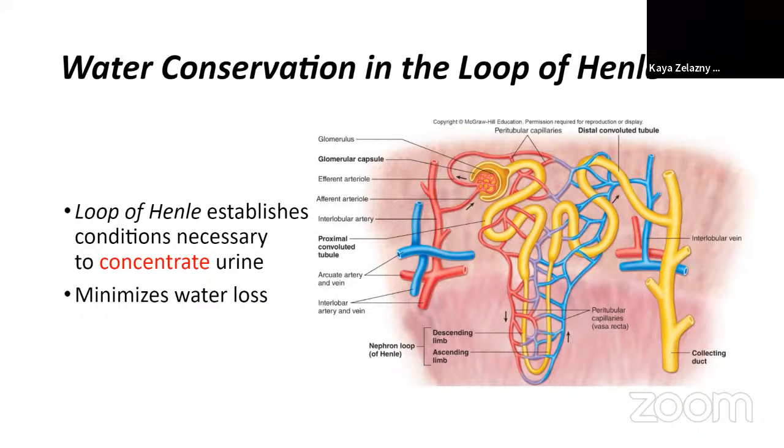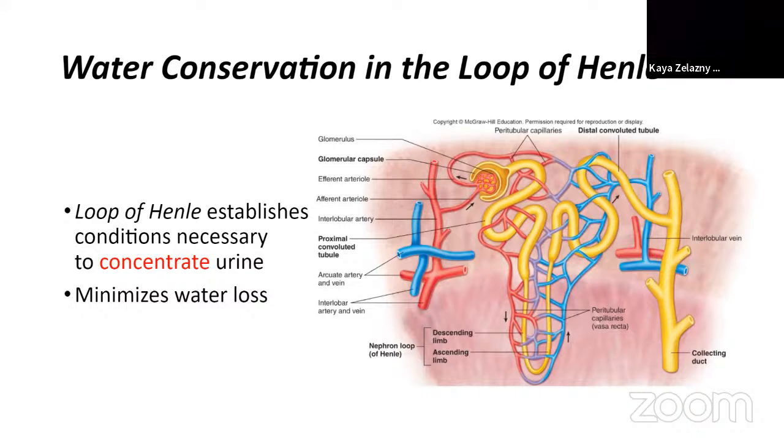We wouldn't be able to do that unless we had this big concentration of solutes somewhere to act as the draw. So the loop of Henle is establishing that osmotic gradient, which is what allows us to reabsorb water, ultimately in the collecting ducts and the distal tubules.